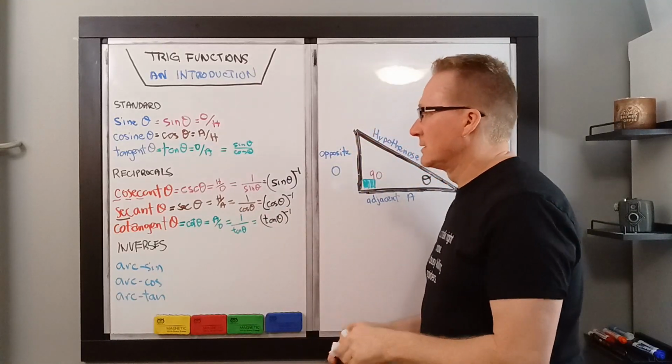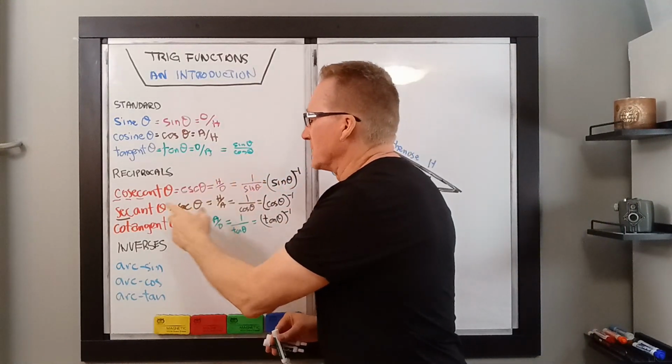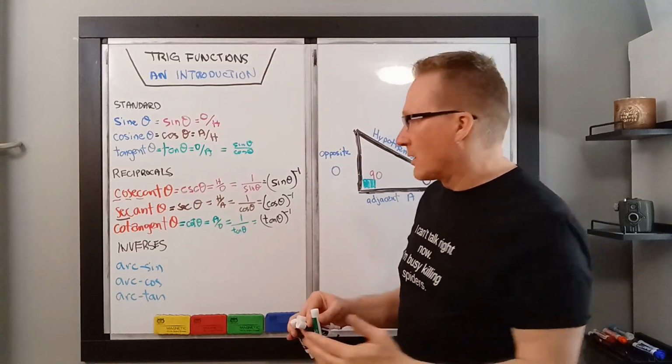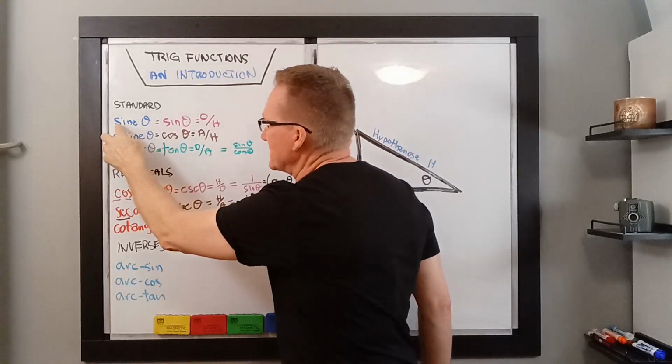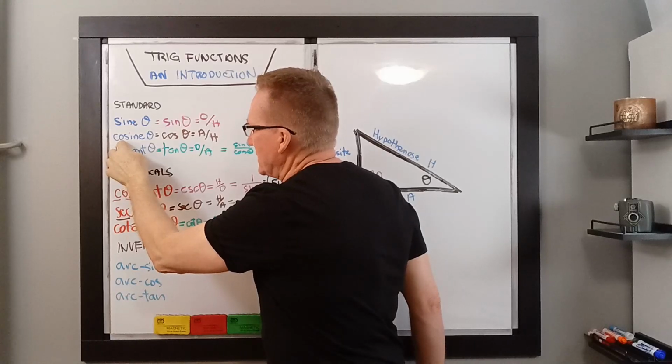So here we have the three common trig functions, and then the reciprocals, which are not used as often. You probably need to sort of know what they are. It's a little bit tricky, and here's one of the reasons why. Notice this is sine, and this one is cosine with a co in front.